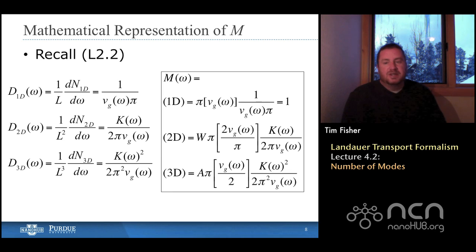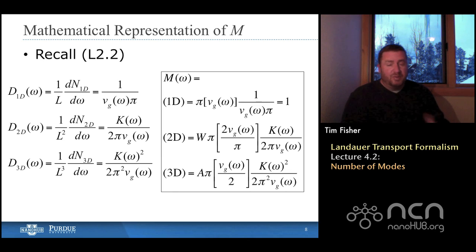In 2 dimensions, again, the velocities will cancel, but we keep them in the expression regardless, because it's nice to group that term as the average velocity. That's 2 times the group velocity divided by pi. So that's the average velocity in the direction of interest for the transport problem. In this case, that's the x direction. And then in 3 dimensions, we also have the expression.